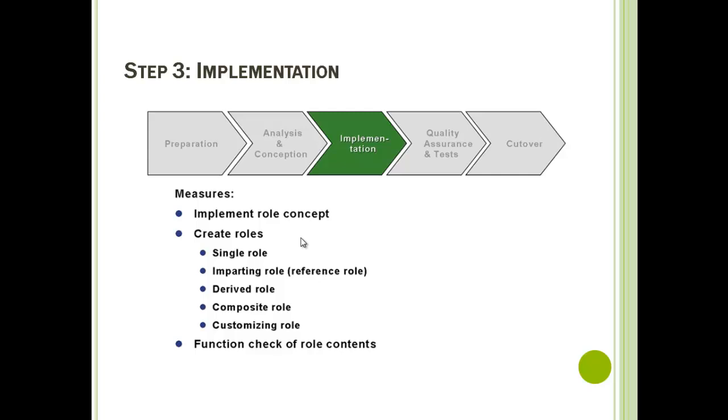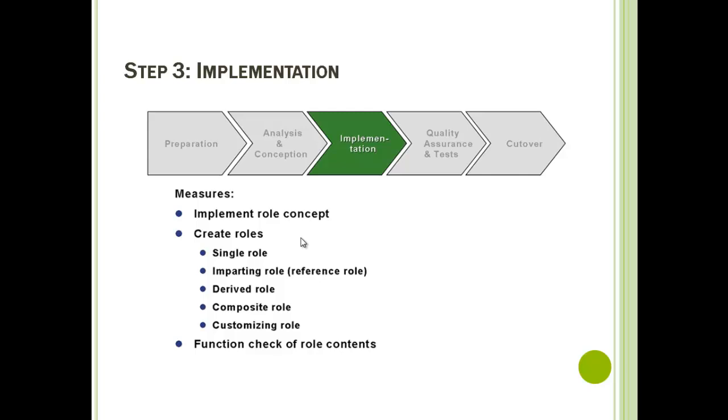So the next step is implementation. During this step we will be implementing the role concept, and you will create single roles and the impacting role. Impacting role means reference role, or let's call it a template role.